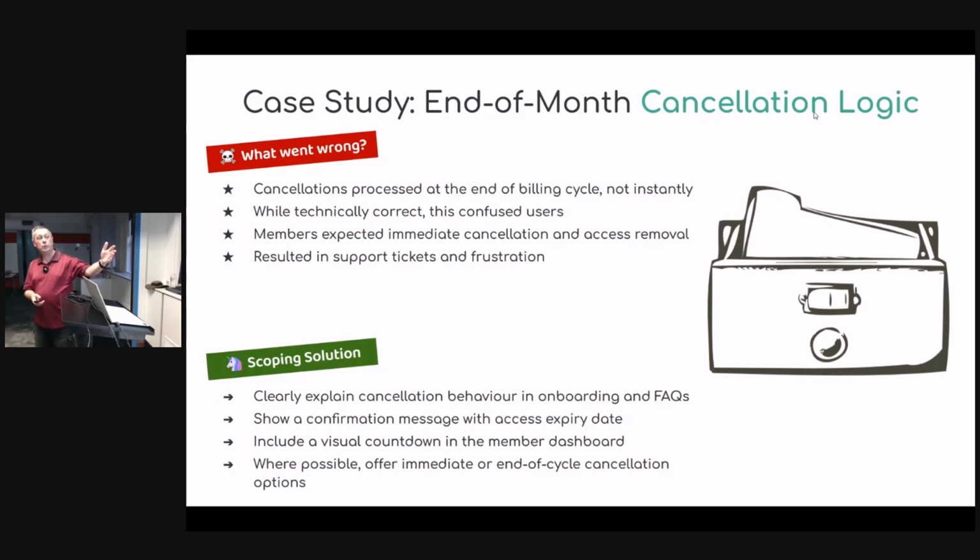You can do things like showing a confirmation message. When it expires, you can have it on the dashboard, a visual countdown. So you've got 28 days left before expiry. So it's just giving the information back to the client to say, okay, we've cancelled it, we've heard you, here's the email, you still have access. And again, this should be in your policy as well. So this is what happens during cancellation.